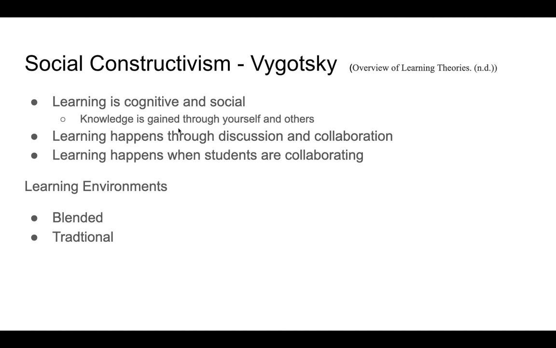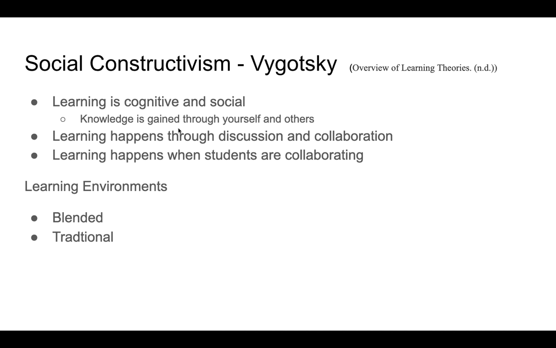The last theory that I'll talk about is social constructivism. Vygotsky came up with this theory. He says that learning is both cognitive and social. You are able to gain knowledge from yourself and others. This is almost like a combination of the 2 previous theories, cognitive constructivism and behaviorism.